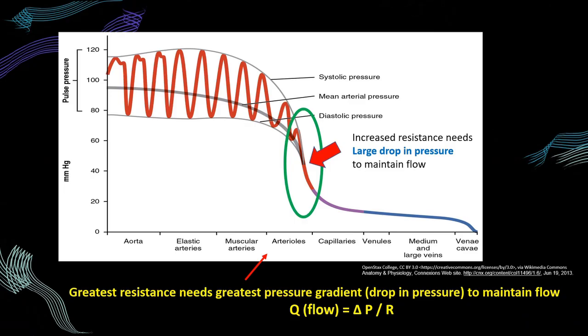And this is showing it here in this diagram. These are our normal aortic pressures up here, the systolic, the mean arterial pressure, the diastolic down here. We need a huge pressure drop at the arterioles in order to maintain the flow to get through that increased resistance that occurs there.